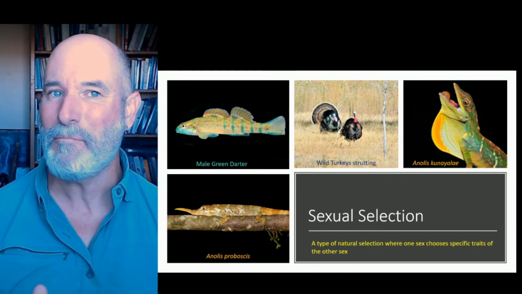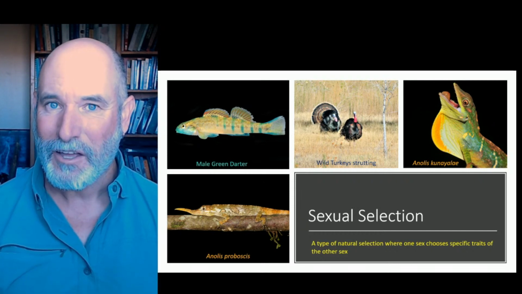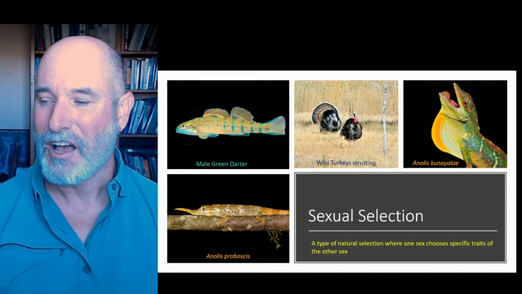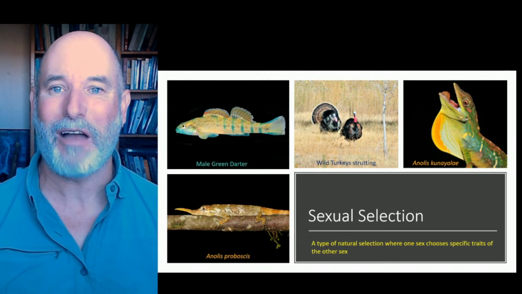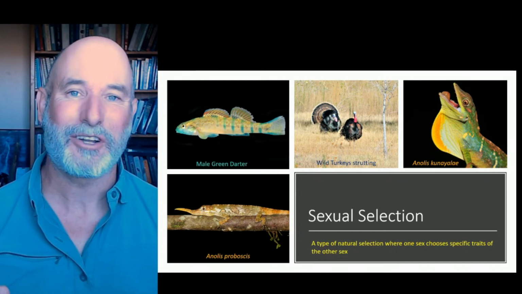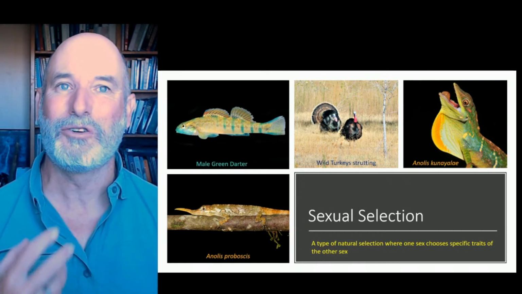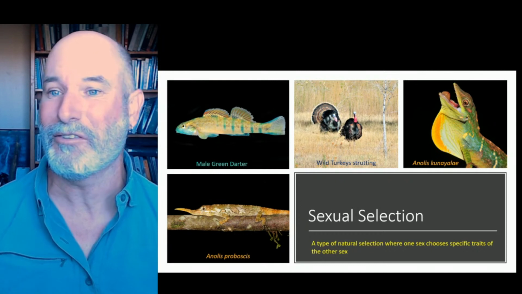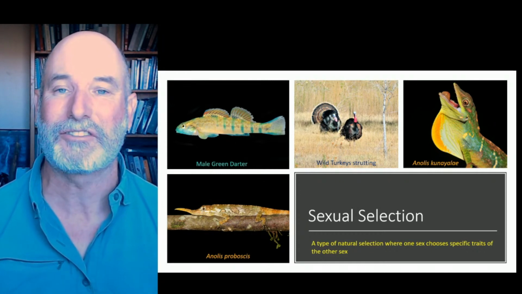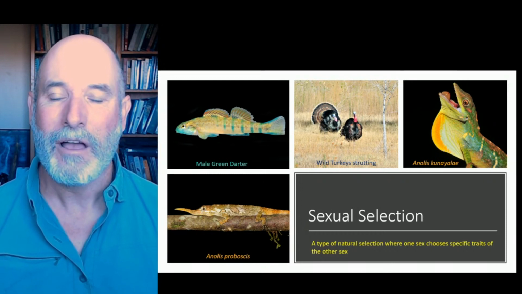All right, so sexual selection. This is a type of natural selection where one sex chooses specific traits of the other sex. So I've got a green darter, that's actually a fish in New Mexico. I've got those male turkeys strutting, and on the far right you can see that lizard. That's an Anolis cuniale, discovered by our own Steve Poe and some of his graduate students, Eric Kulabak, 15, 20 years ago in Panama, and then rediscovered Anolis proboscis.